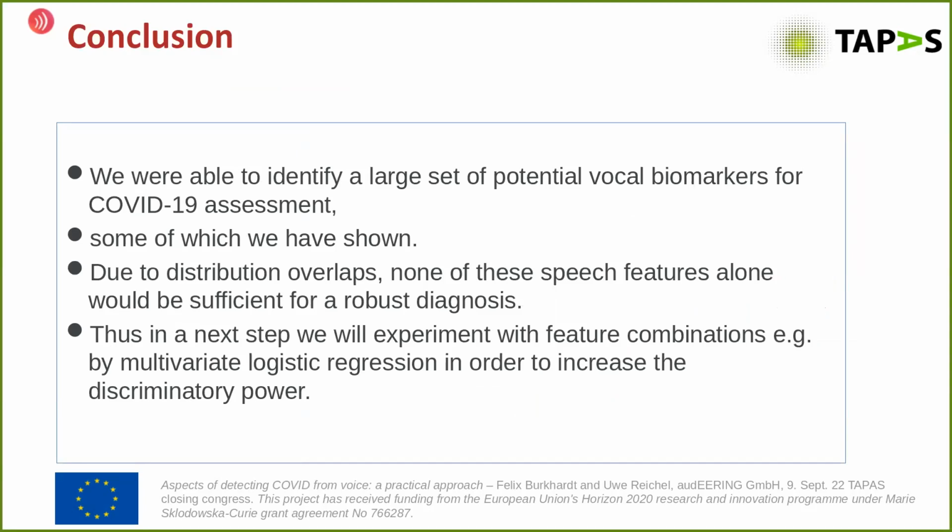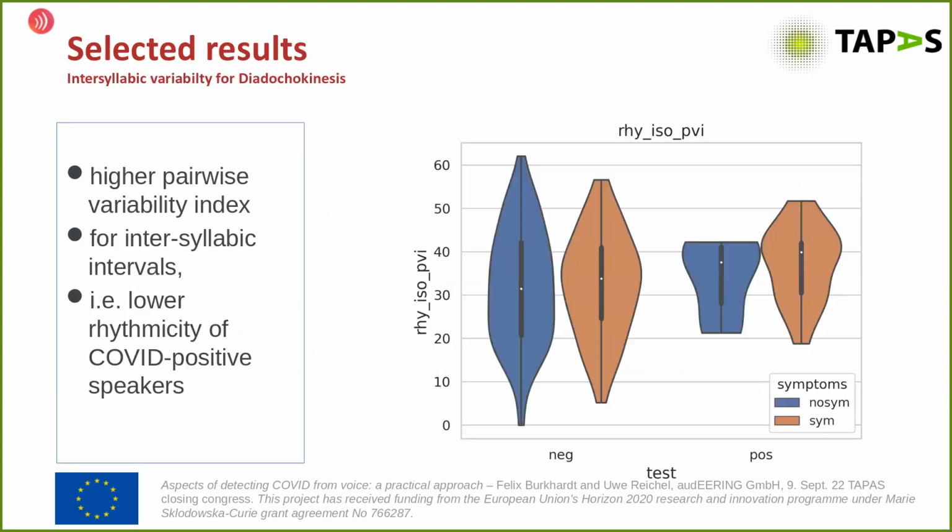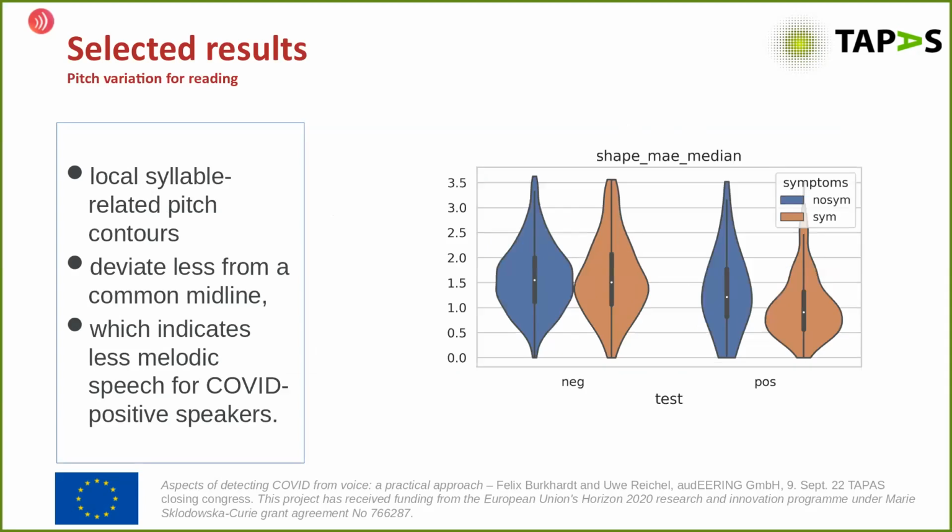Some were shown here, cherry-picked. None of these features alone would be sufficient, of course. So we will experiment further with that. And generally, of course, we use this to find markers for pathological speech in general.